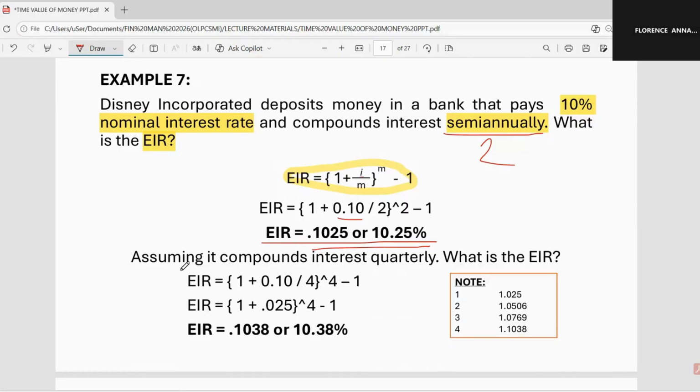Assuming that it compounds interest quarterly, what is the EIR? So, since quarterly na siya, ang number of compounding na natin is 4.